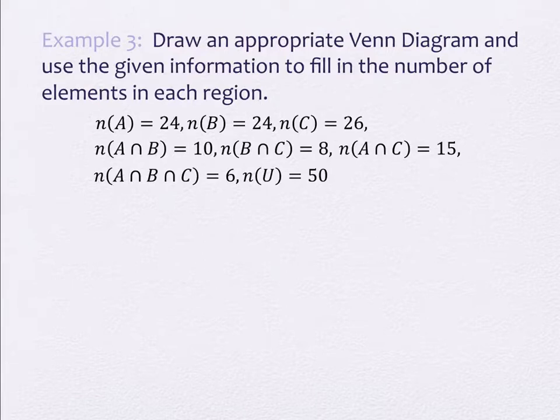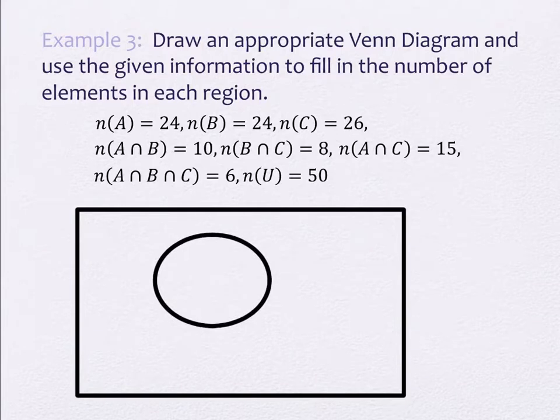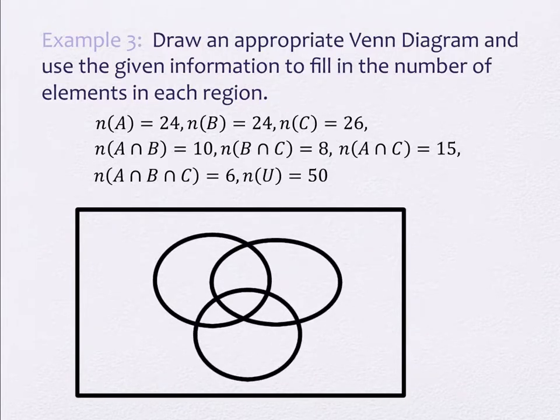All right, so we're going to draw an appropriate Venn diagram and use the given information to fill in the number of elements in each region. So, you see 3 letters listed, right? A, B, C. So my picture starts out much like it did on the last ones, with this rectangle and the 3 circles inside, labeled A, B, C. Okay, our goal is to fill in numbers throughout this diagram in the 8 different regions that match with the information given.